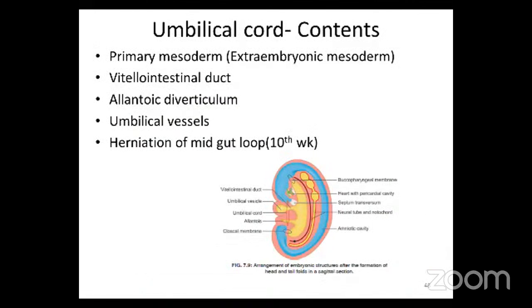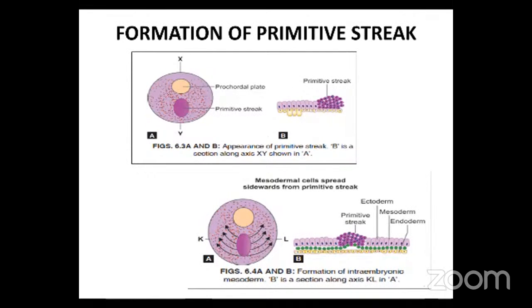So here also you can see umbilical cord and its contents: extraembryonic mesoderm, vitellointestinal duct, allantoic diverticulum, umbilical vessels, and herniation of midgut tube, which takes place in the 10th week. Afterwards, it is taken inside, so it is not seen afterwards.